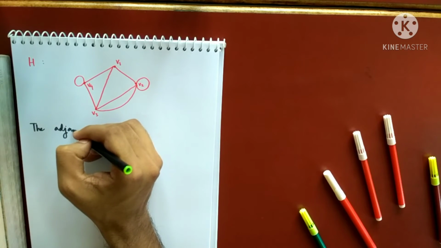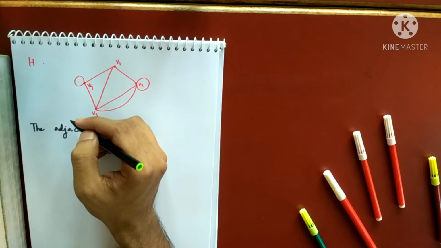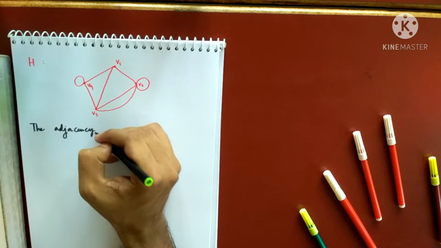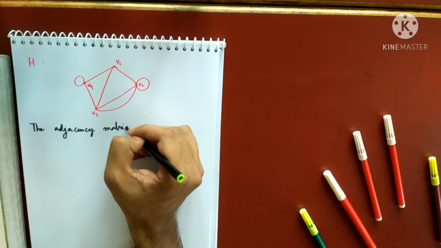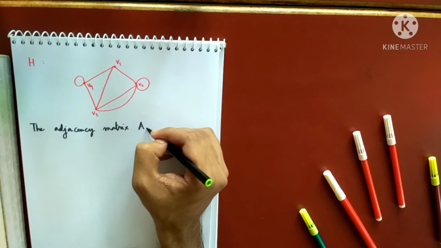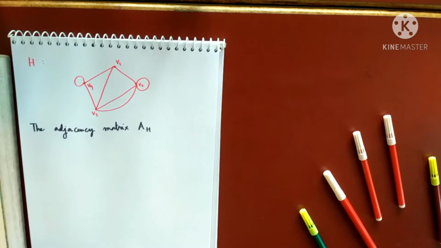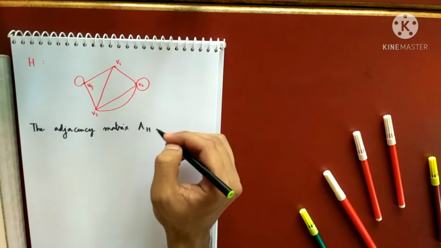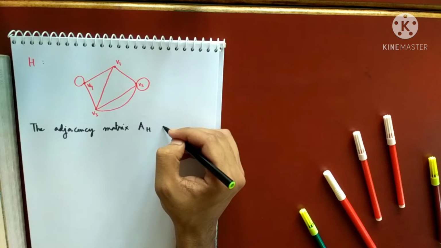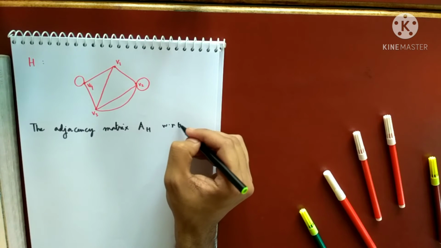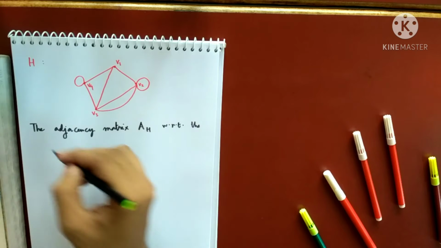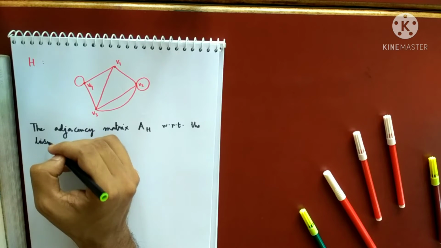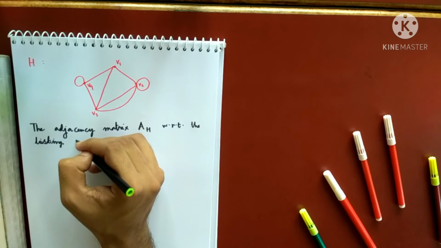So the adjacency matrix AH with respect to the listing v1, v2, v3, v4 of the vertices.